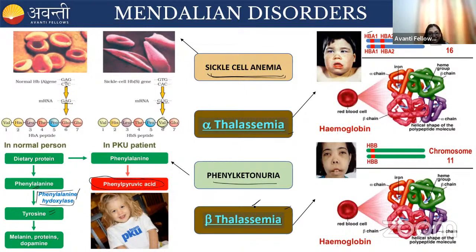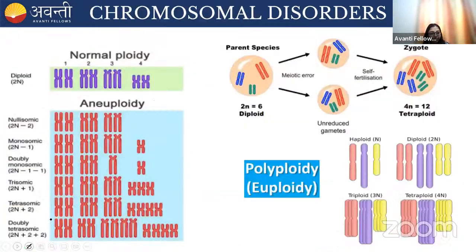In case of beta thalassemia, the gene HBB, which is present on chromosome number 11, gets affected. Then the beta chain will not be produced, so automatically the production of alpha chain would be more, right? These alpha chains get accumulated on the surface of the RBC and lead to the degradation of the RBC. So there are two types, alpha thalassemia and beta thalassemia.